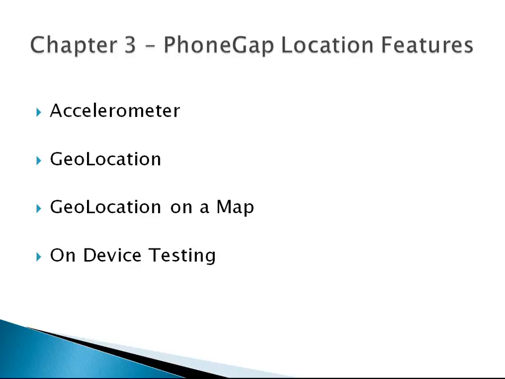We'll look at geolocation, which is very popular right now. It will pinpoint a user's location, which could be used for unlimited types of applications. We'll look at how to get the latitude and longitude coordinates, and then we'll look at how to actually paste that on a map using Google Maps API. And again, we'll test this on the actual device.